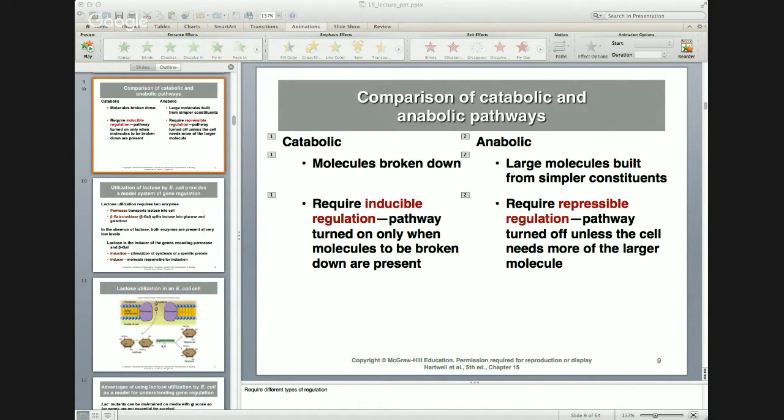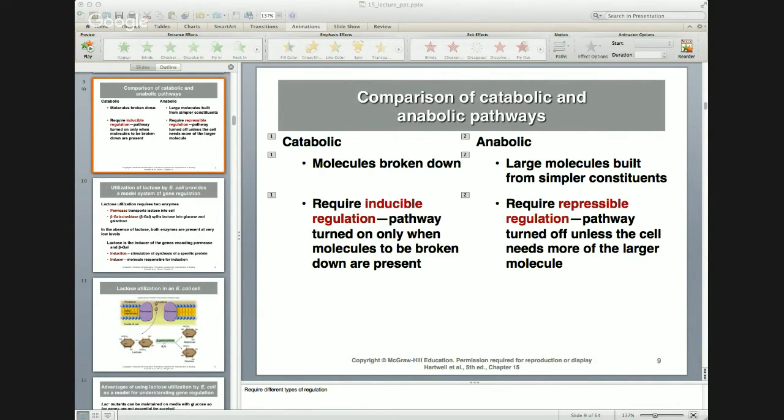It's actually found at a very far distance from the LAC operon. That's why you see these dotted lines here. It's indicating that the repressor gene is not a structural component of the LAC operon, but it is involved in regulating the LAC operon.